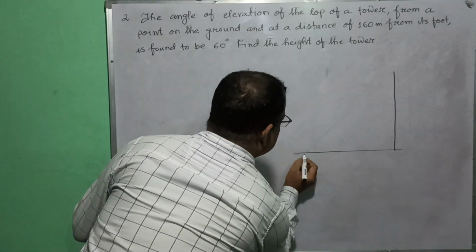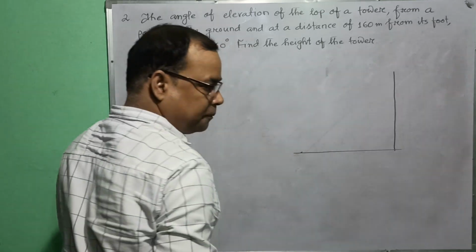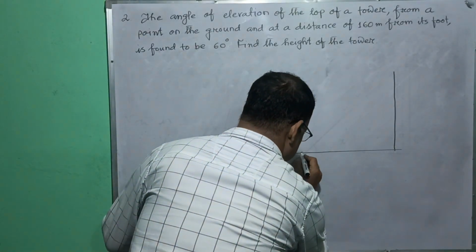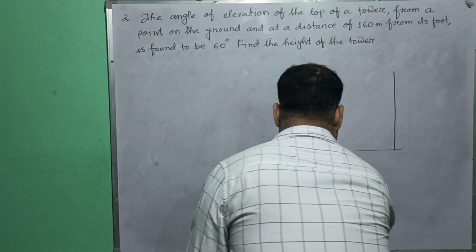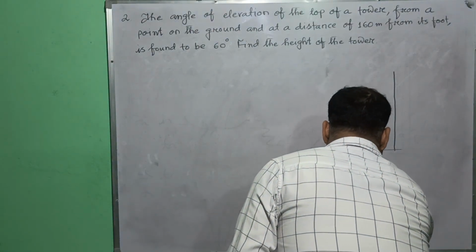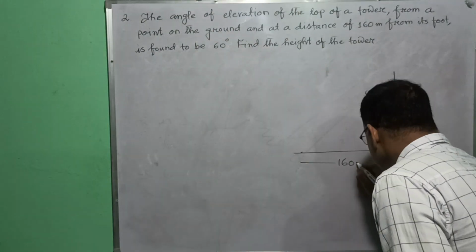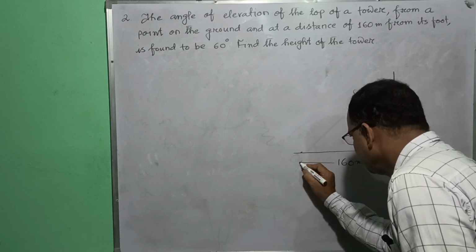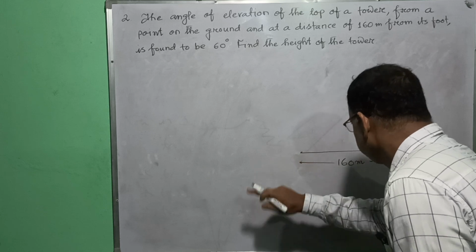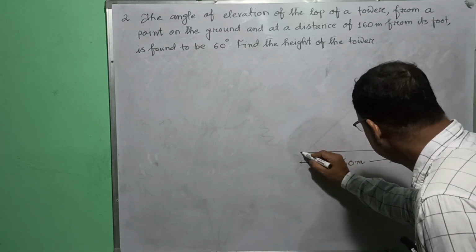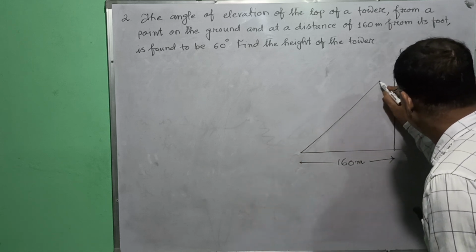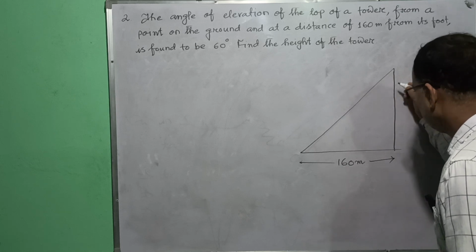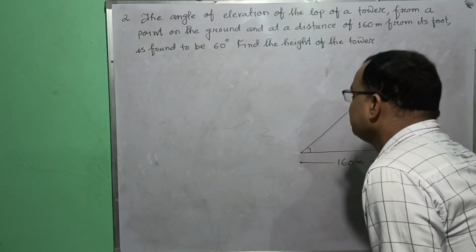So let us take a point on the ground, and this distance is given 160 meter. So this is 160 meter, and now we have to draw a line to make the angle.